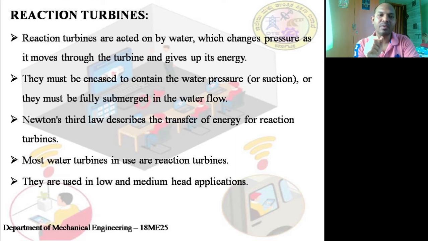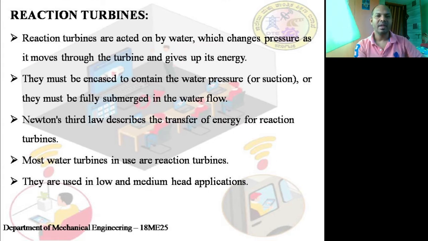The reactive force of action plus the impulsive force of action, that is the pressure energy and kinetic energy, both the impulsive force of action and the reactive force of action, that means the pressure energy and kinetic energy of the water jet make the water energy convert into mechanical energy. Is it clear?